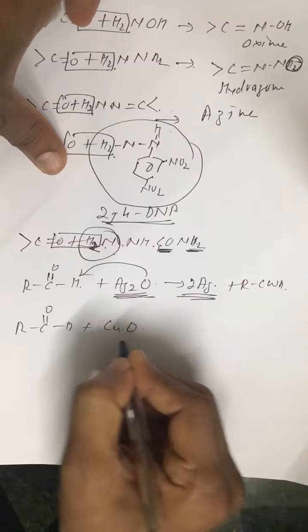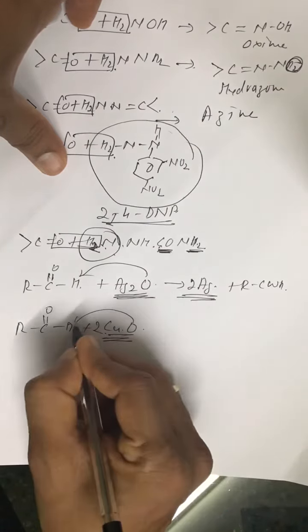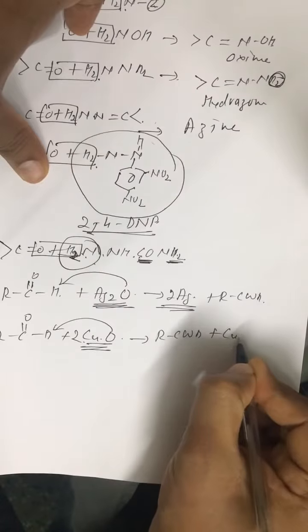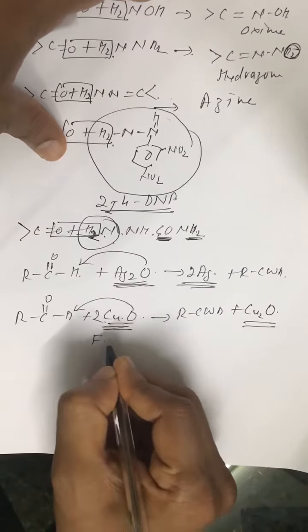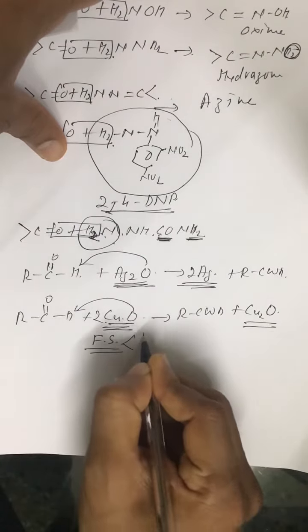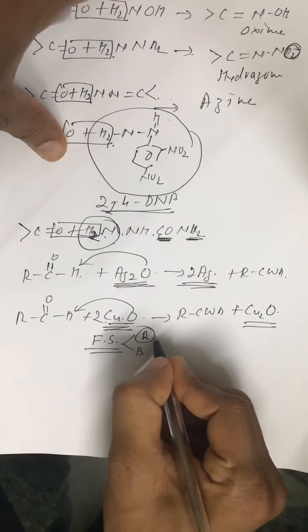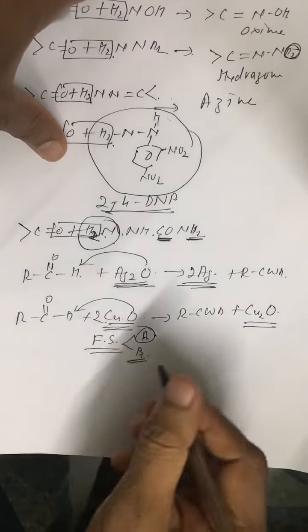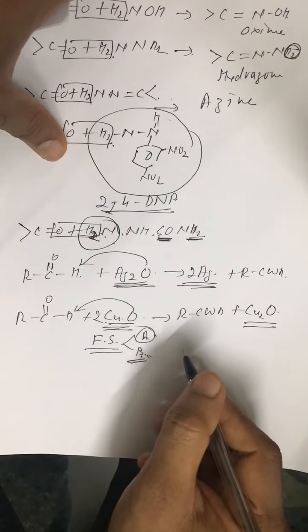Or with Fehling solution or Benedict solution, whose active species is cupric ion, we get a red-brown precipitate of cuprous oxide with Fehling solution. Fehling solution is a mixture of Fehling solution A and B. A is aqueous copper sulfate and B is alkaline sodium potassium tartrate.